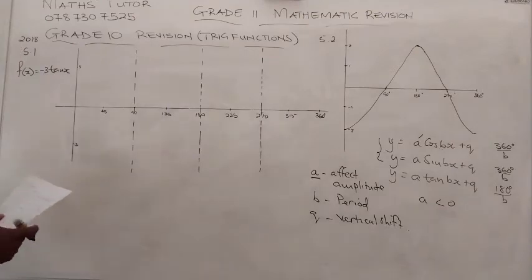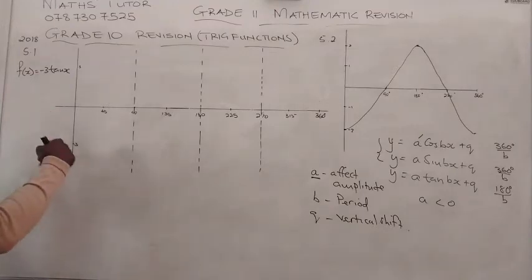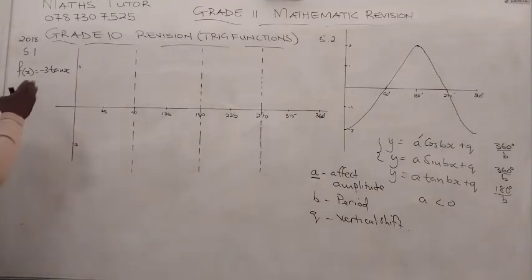So looking at the graph of f of x, which is negative 3 tan x, the negative 3 is simply telling us that the graph of 3 tan x has been reflected along the x-axis. And the period of this graph has not changed.